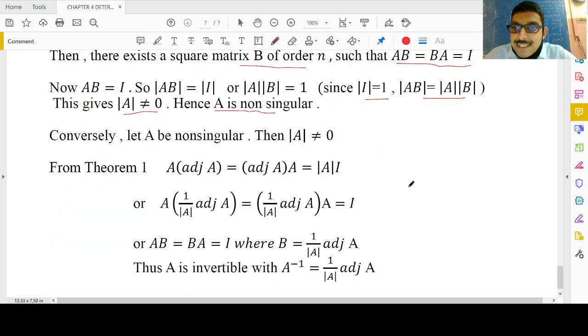Now conversely, we will assume A is non-singular, then we have to prove that A is invertible. A is non-singular means determinant of A not equal to 0.